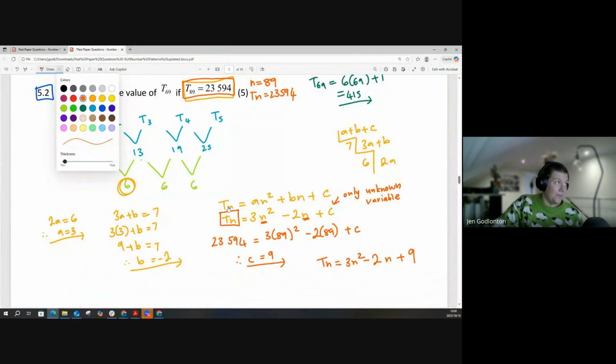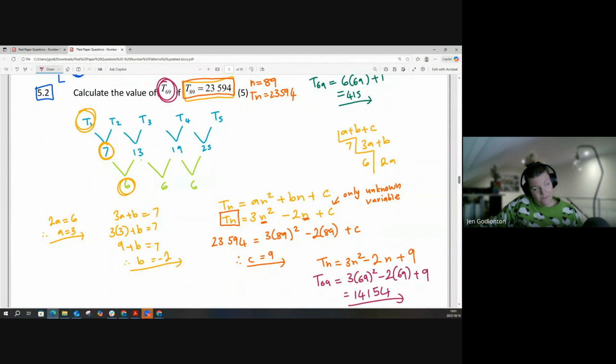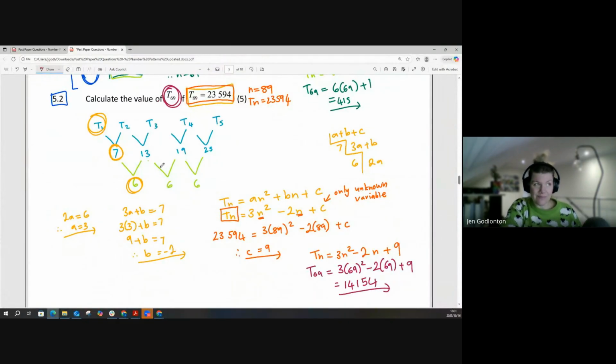Now, we want to know the value of term 69. So that's 3 times 69 squared minus 2 times 69 plus 9, which gives us 14154. And that, my dear grade 11s, is 5 marks.